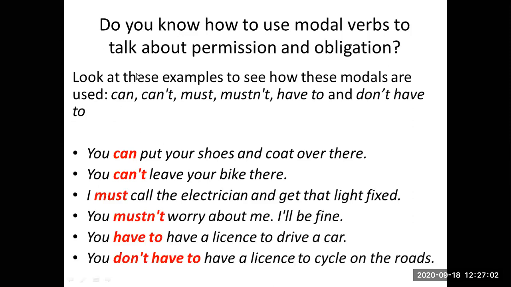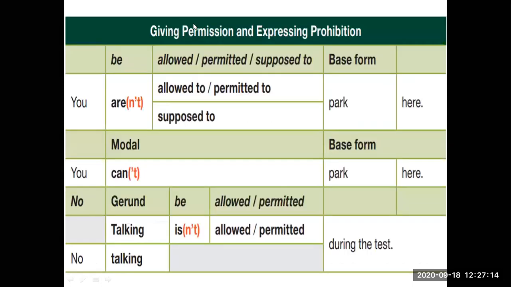These are examples for you to notice how and when to use these modals. I am going to give you more information about these modals here. This is what you have in the grammar: giving permission and expressing prohibition.